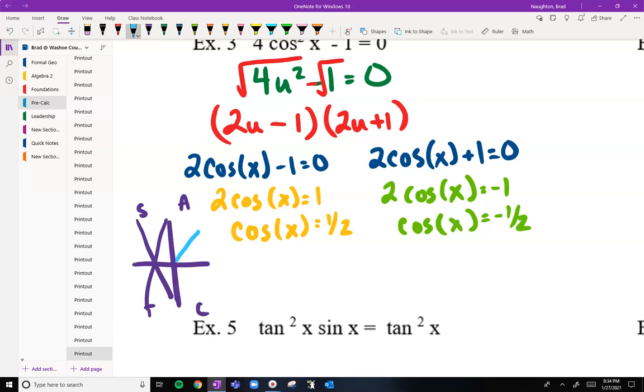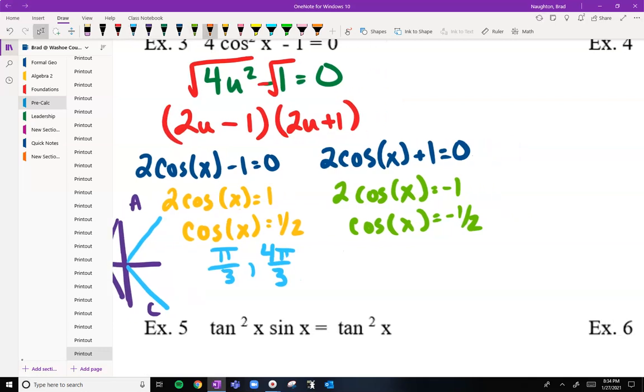So I need my reference angle here. So that's going to be pi over 3. And then down here, and that's going to be 4 pi over 3. All right, because we got to make sure that where our cosine is positive.